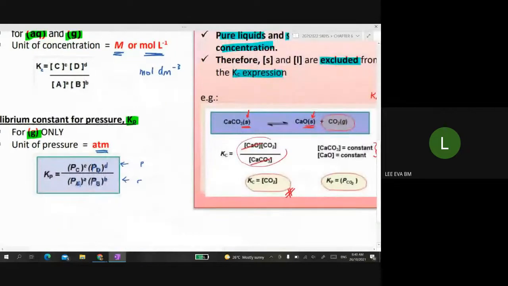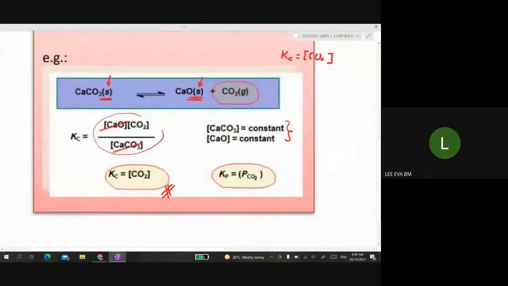Okay, so let's use the example from before. Solid, we do not have pressure. So we only focus on the carbon dioxide gas to write your Kp expression. So Kp equals, okay, product on the top. The reactant is solid, so we directly ignore it. Take only carbon dioxide.